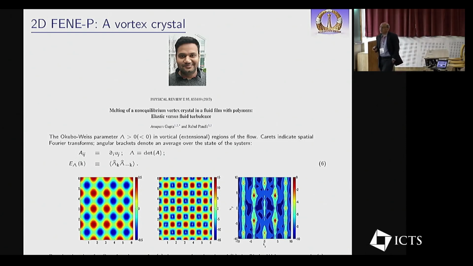What I'm going to show you now is that even at low Reynolds numbers, by changing the Weissenberg number, the new control parameter for the polymer case, we have started this system off with a nice array of vortices and anti-vortices, and this is the description in Fourier space, so that's good old Bragg peaks.